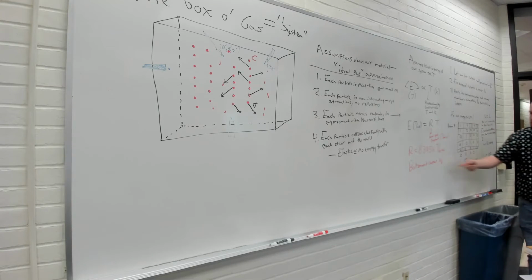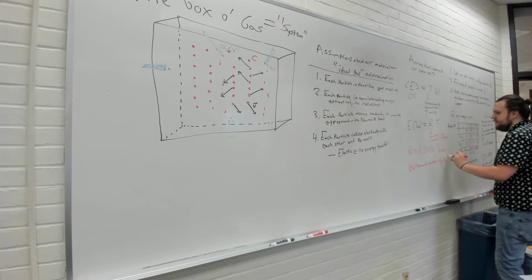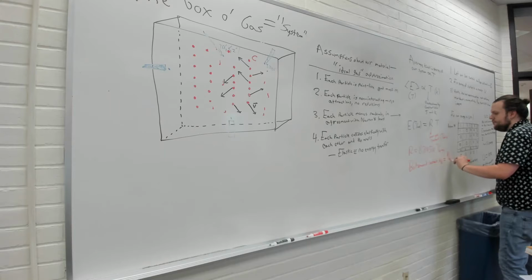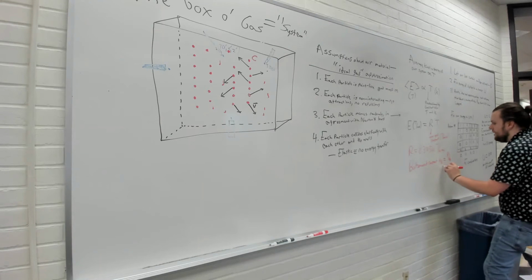I don't know why the k, but it's k sub B. That's the gas constant divided by Avogadro's number. It's the amount of joules that you get per unit Kelvin per molecule or per atom. And that number is very small.